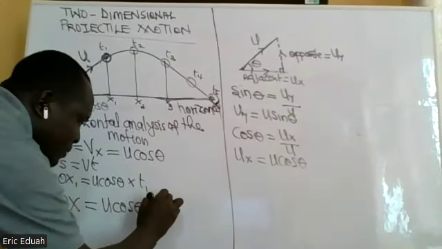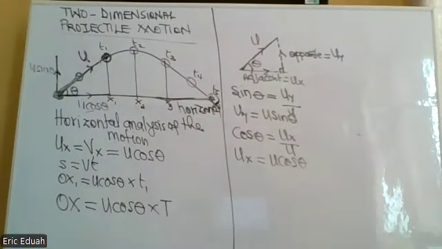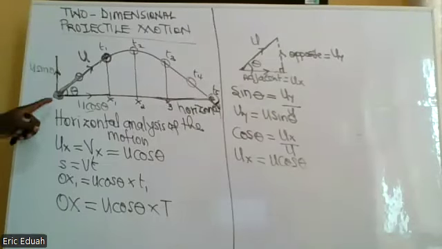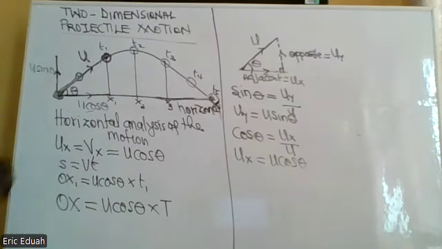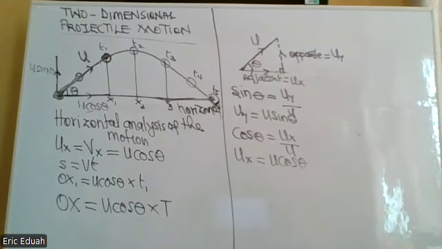Here we will represent T5 by the letter capital T. So where OX is the total horizontal distance, u cos theta is a constant horizontal velocity, T is the time of flight.